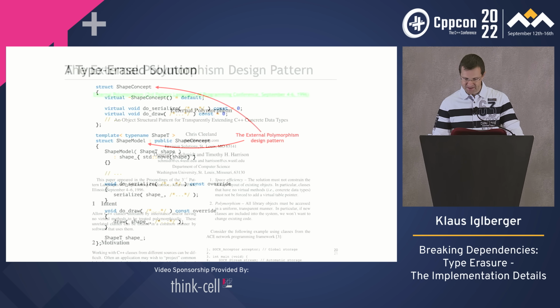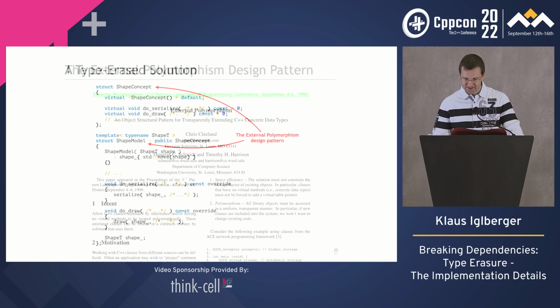We create a model, give it to this pointer of shape concept, store it, and we've effectively erased the type. It's gone. All I now store is a pointer to base. And to this point, I really have no idea anymore what I got. Is it a circle? Is it a square? I have forgotten, kind of. Hence the name Type Erasure.